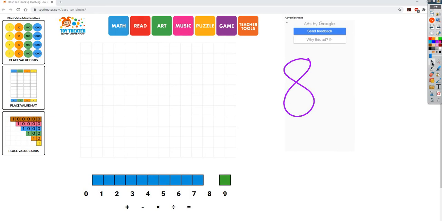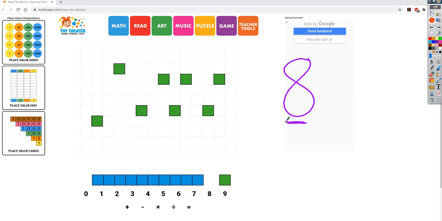And this number means that you have 8 objects. Just like these blocks. We have 8, right? 1, 2, 3, 4, 5, 6, 7, 8. Yeah, there's 8. That's what that number means. 8 means you have 8 objects.